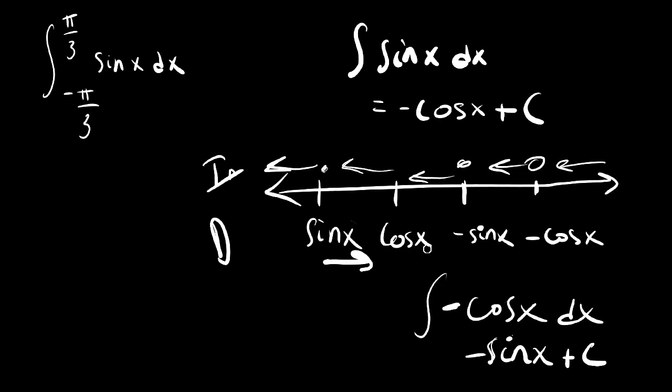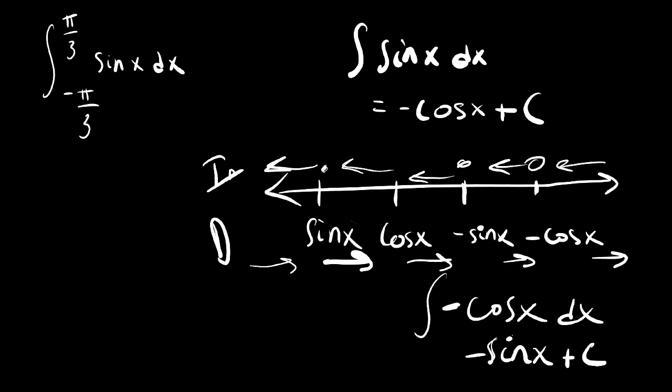To take the derivative of cosine x, go one forward on this scale, and you go to negative sine x. Take the derivative of that, it's negative cosine x, and take the derivative of that, you get back to sine x. So that is basically how you would do this sort of a problem.